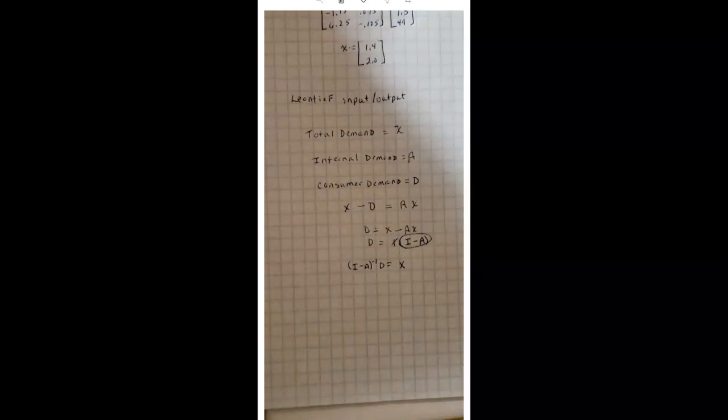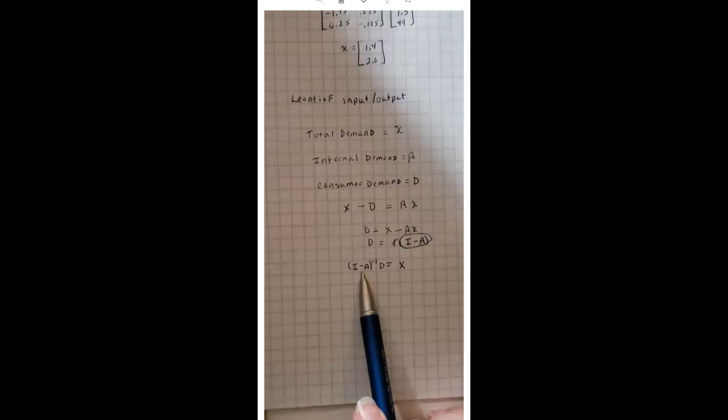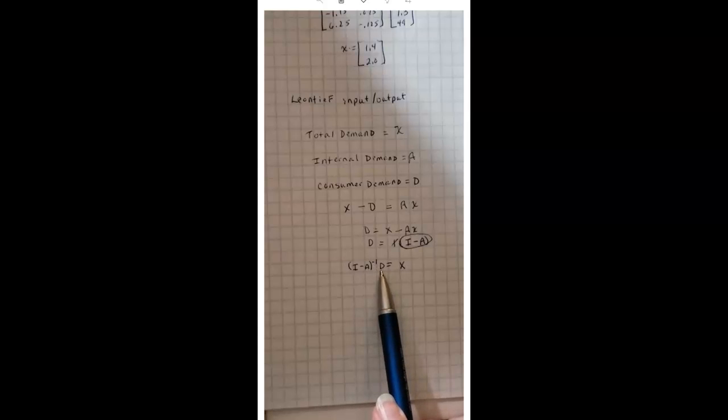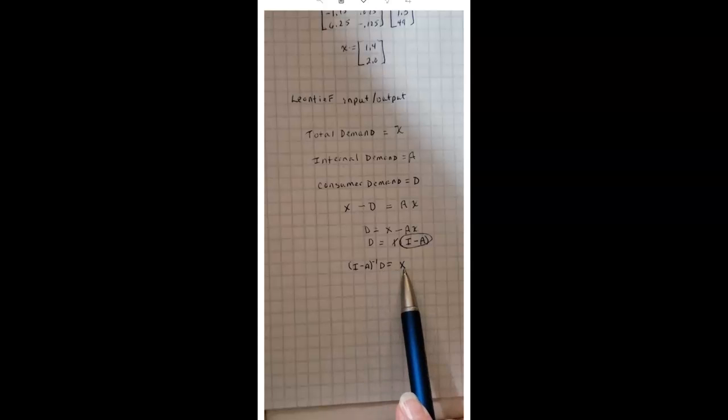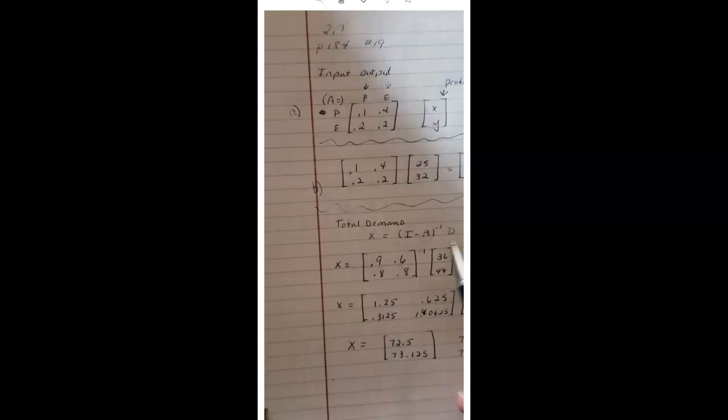So I go back to my idea of the Leontief input-output method and use the identity matrix minus A and its inverse times the consumer demand to end up with the total demand. So I went ahead and did that.